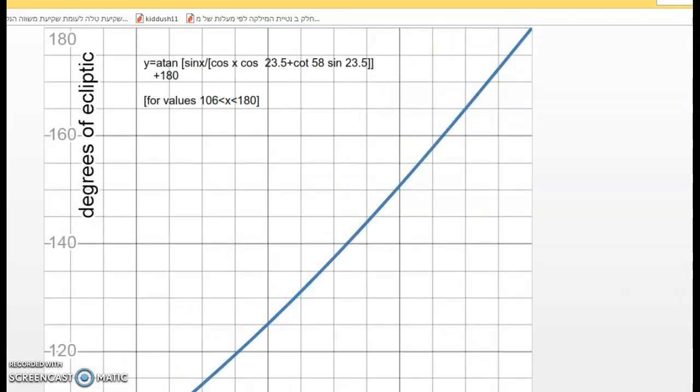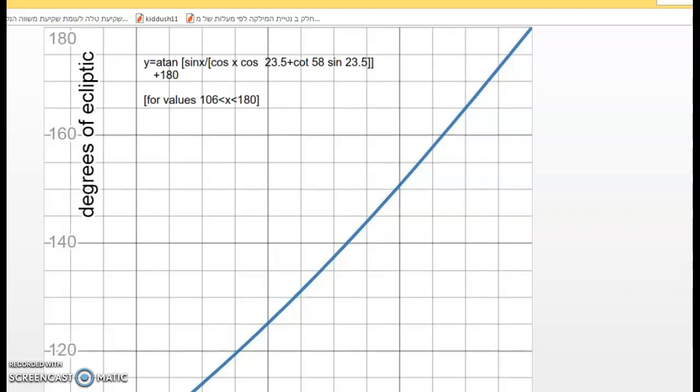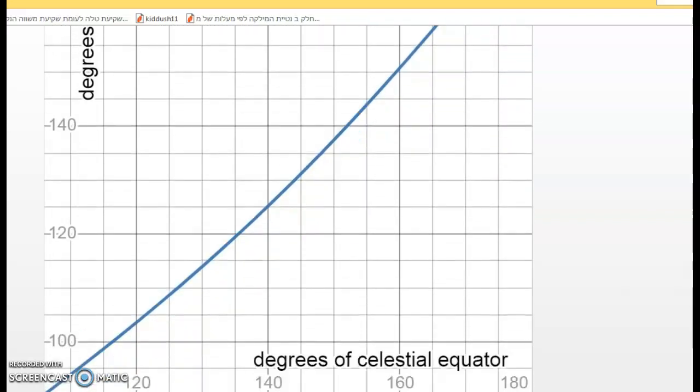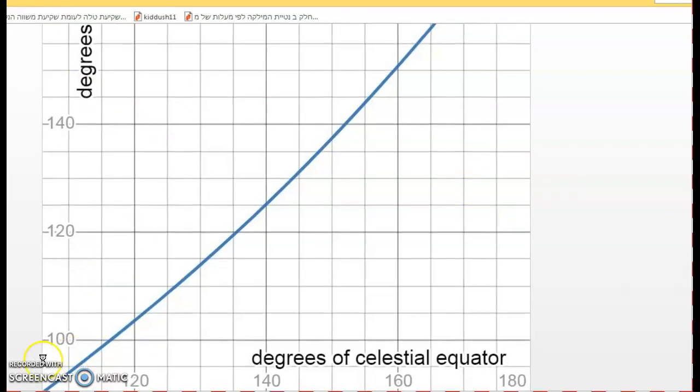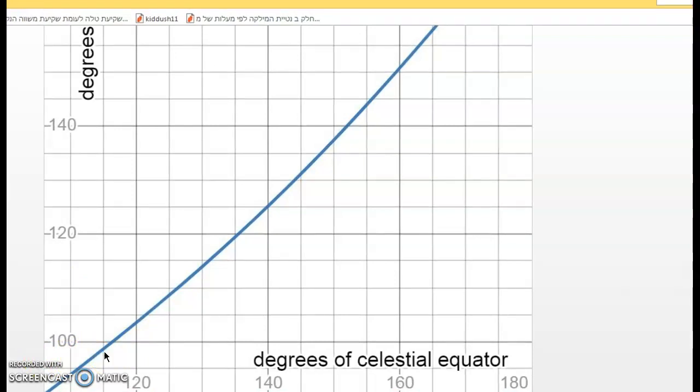It's like zooming in into certain areas of the celestial equator. Okay, let's take a look at another graph here.